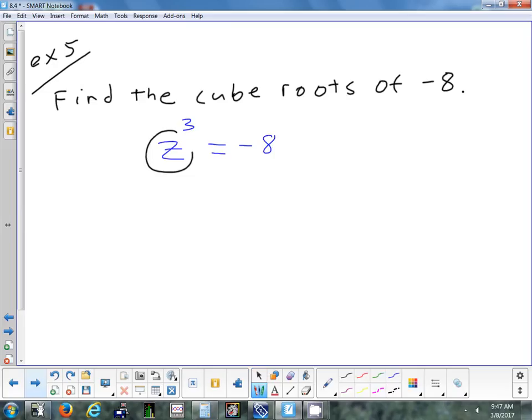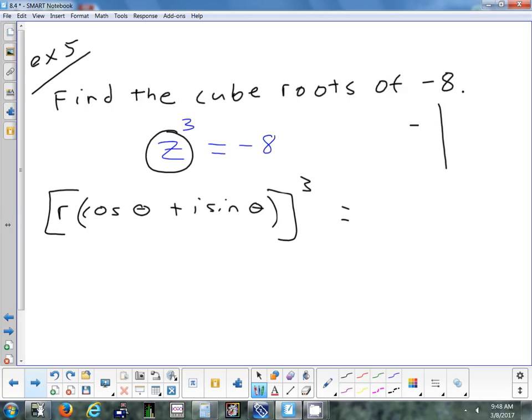Okay, the first thing I do, replace z with r cosine theta plus i sine theta, every time. Always your first step. You don't have to change anything else on the left-hand side. On the right-hand side, what do I have to do with the number negative 8? Put it on the grid. It's to the left.